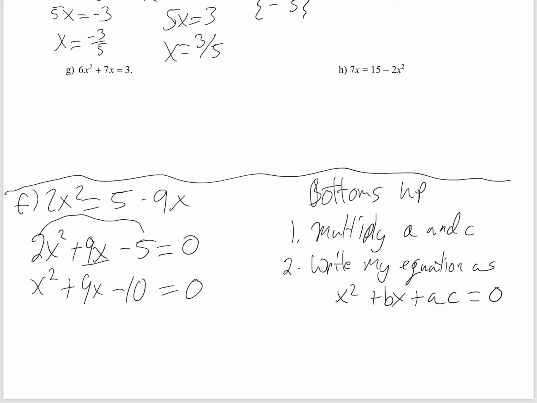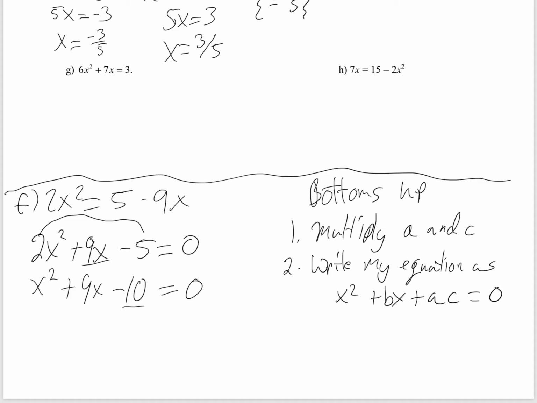In other words, I turned my 2x squared into an x squared, and now my last number still has the 2 in there. You're just rewriting it now as a negative 10 instead of a negative 5. And it's easier to factor this way.